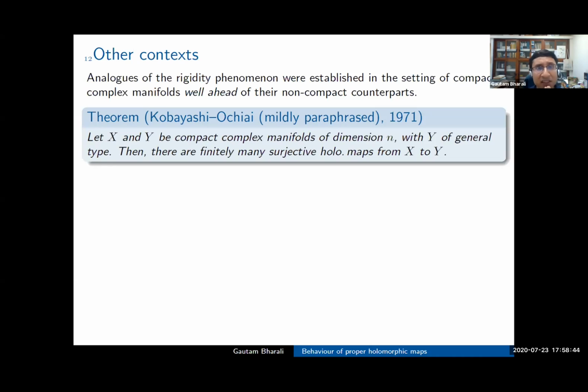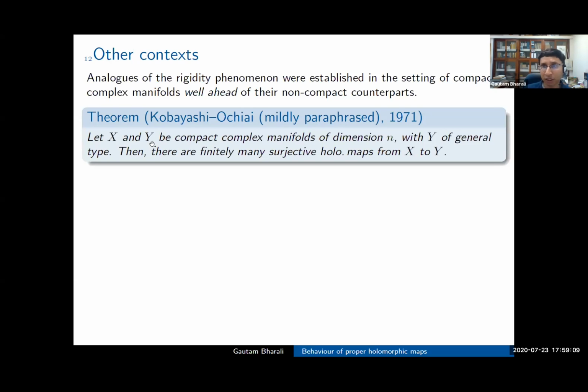So our protagonists are compact complex manifolds X and Y of the same dimension, where the compact manifold Y is of general type. I'm not going to get into a definition of what general type means, but for those in the audience who understand, for Y to be of general type, Y is a projective manifold.